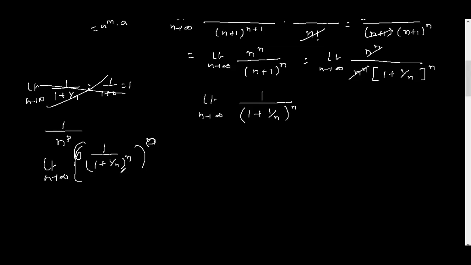Sorry? So we have the formula. This one formula is there. Limit of n tends to infinity, (1 plus 1 by n) to the power of n, that value is equal to e. That e value is 2.71.